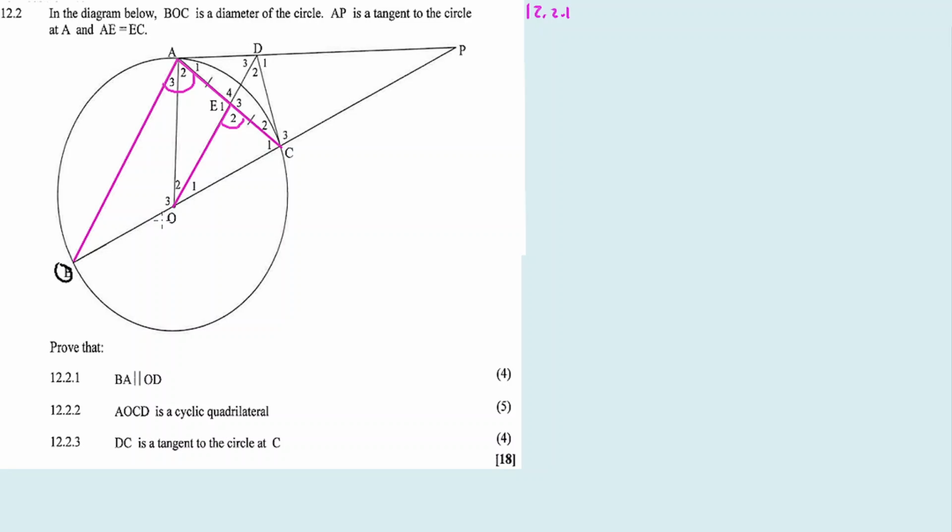This BOC is what? It's a diameter, right? Meaning the angle BAC, angle BAC, I can calculate this angle. Why? It's equal to 90 degrees, right?